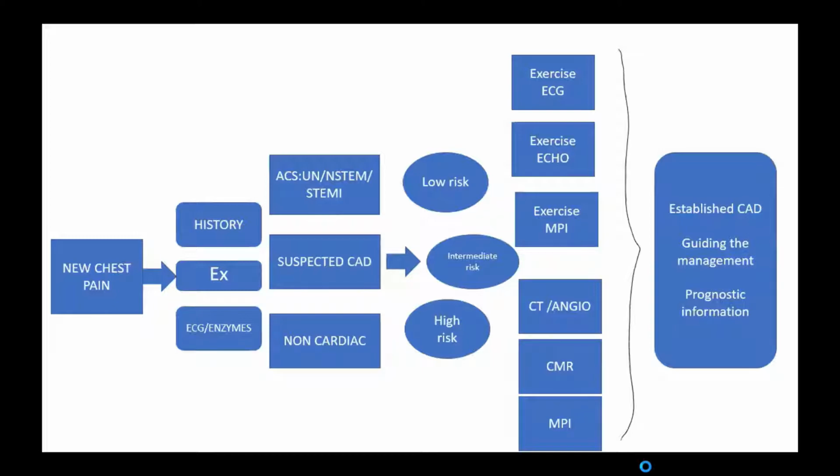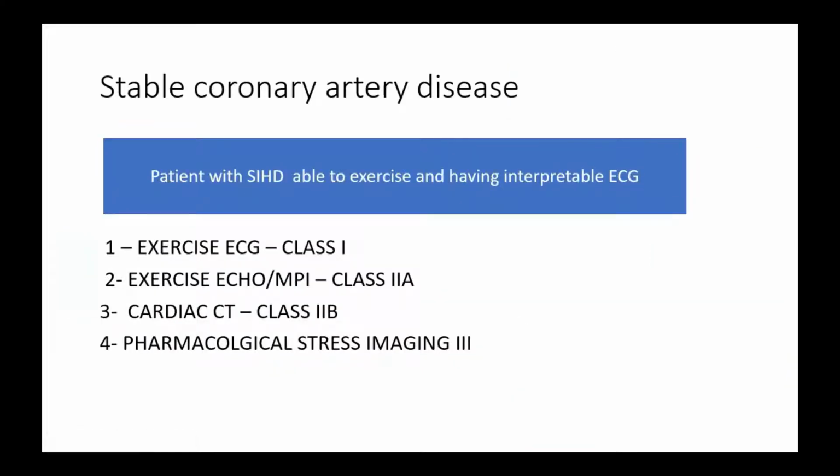Now, this is for those who have not had ischemic heart disease or coronary heart disease before. Now, those with stable coronary heart disease, who you already diagnosed and you know that they have established disease, still they will need these tests, of course, not because of the diagnosis, but for prognostic reasons, or if they develop new symptoms while you are following them up in the clinic.